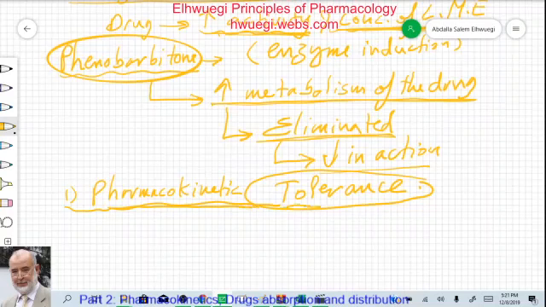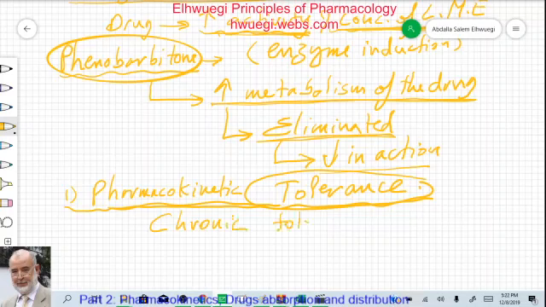So what's pharmacokinetic tolerance? Pharmacokinetic tolerance takes place when a drug will increase the activity and the concentration of its metabolizing enzyme. Therefore, drug metabolism will be faster, elimination faster, and a decrease in action. This pharmacokinetic tolerance happens after chronic administration, not acute.